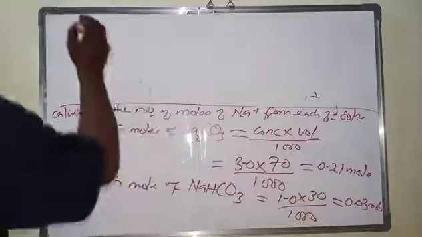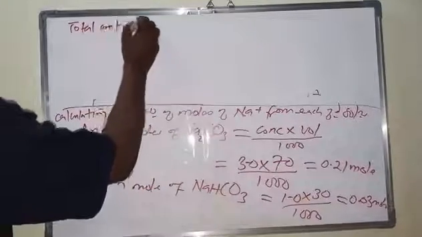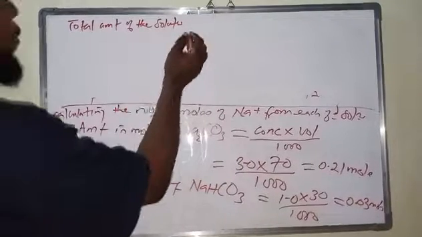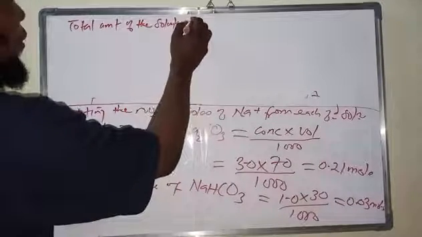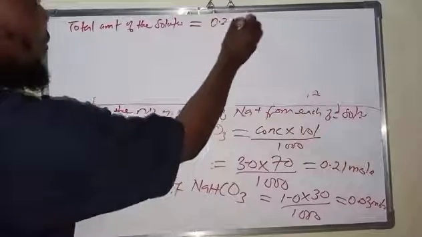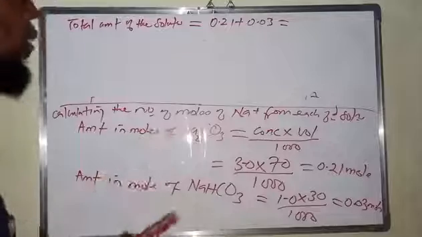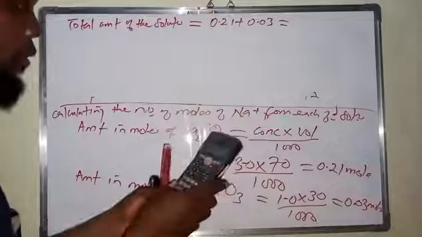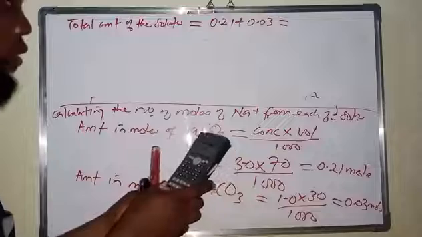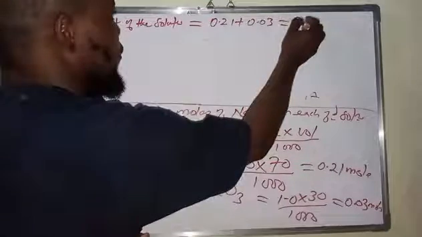If you add the total moles, or total amount, of the solids, it is what? 0.21 plus 0.03, which gives 0.24 mole.